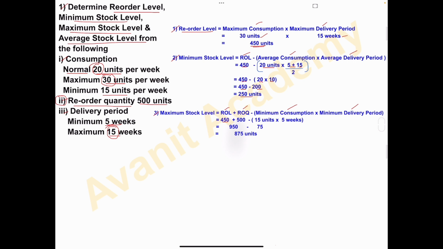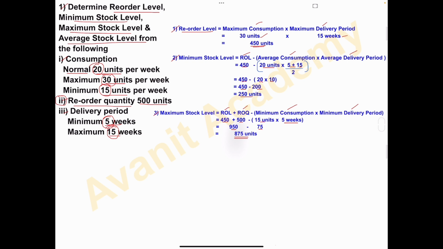Plus 500 minus, in bracket, minimum consumption 15 units into minimum delivery period 5 weeks. 450 plus 500 total is 950 minus 15 into 5, 75. 950 minus 75, the final answer is 875 units. Maximum stock level is 875 units.